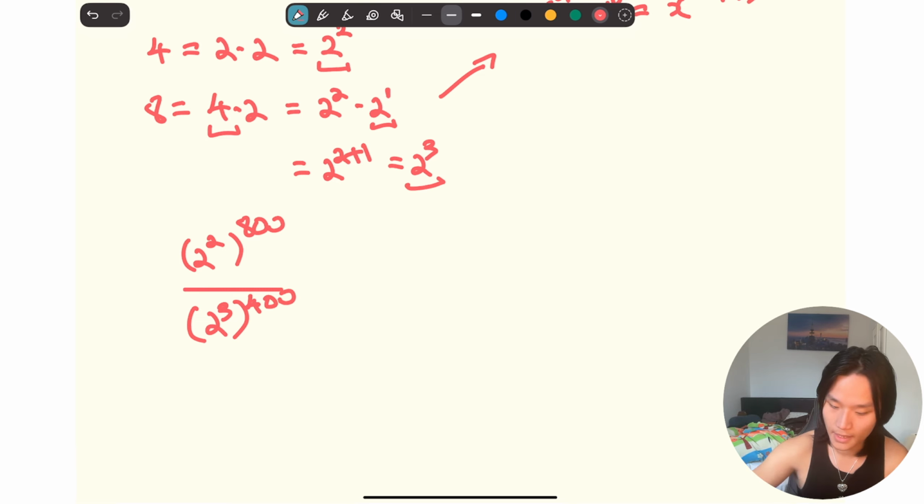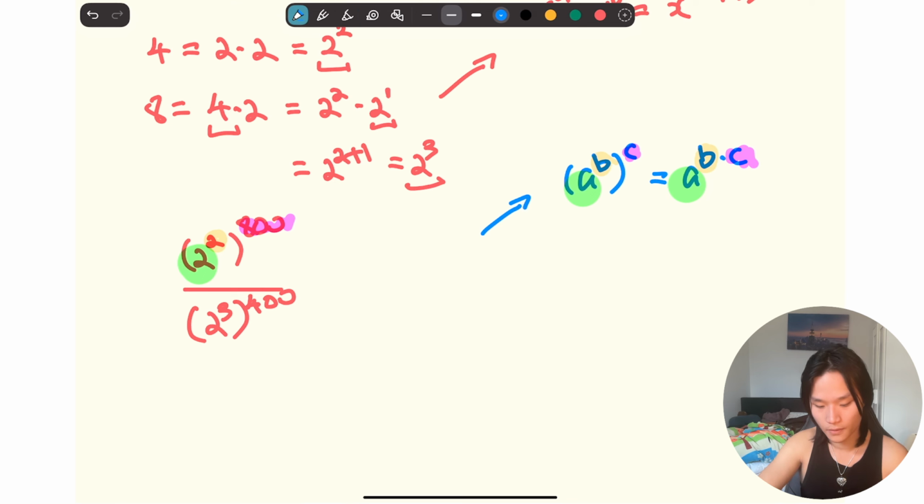Now we have another index law that we can use. That is, if you have a power tower like a raised to the power of b, the whole thing in brackets, and then raised to the power of c, we can simply rewrite it as a raised to the power of b times c. So in our question, 2 here is a, and then another 2 that is b, and 800 is our c, okay?